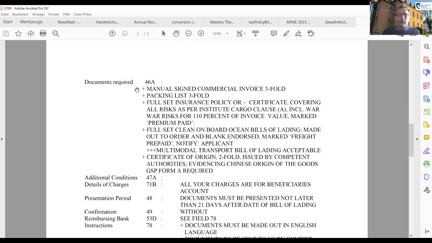So the bank wants to have a manually signed commercial invoice, a packing list, a full set insurance policy, premium paid, full set clean on board, and a certificate of origin. In that special case, GSP Form A, that's the General System of Preferences, because of reduced duties.